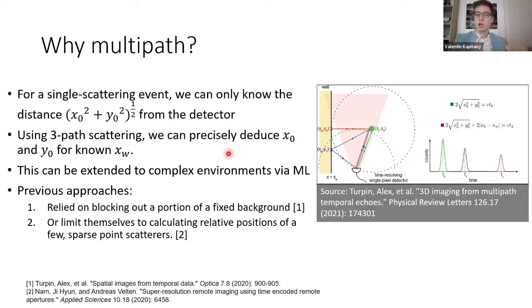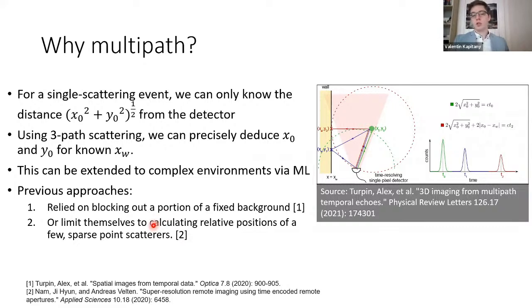And this can be extended to more complex environments and 3D using machine learning. Now, previous approaches have relied on blocking out a portion of a fixed background. If I have a fixed background behind a scatterer, then light cannot reach that background portion, which is exactly behind the scatterer. So a machine learning algorithm can associate the corresponding dip in the background signal with the object position.